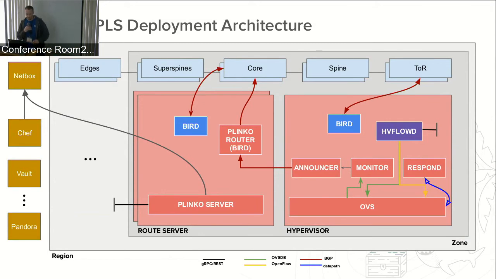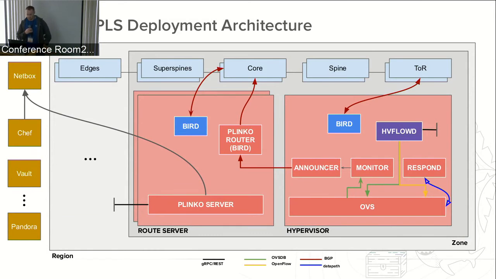So on the route servers, we have Plinko, which is linked into Bird. That aggregates all of the routes from all of the hypervisors. And that's why we named it Plinko. Well, Carl named it Plinko. But all the routes come up and down from Plinko.